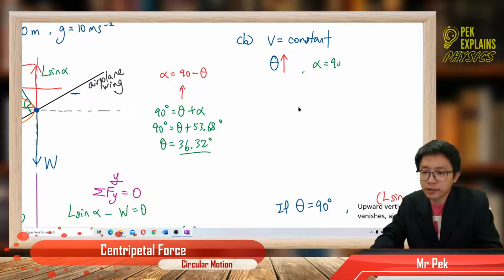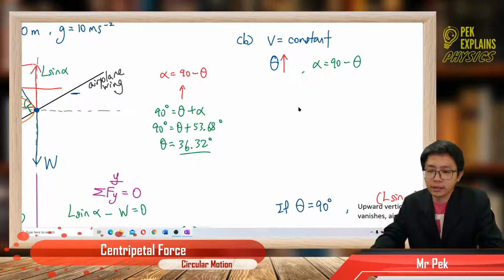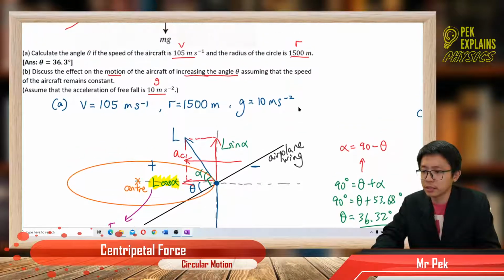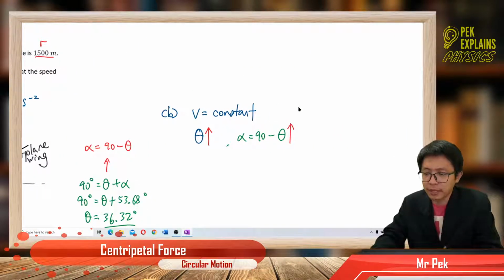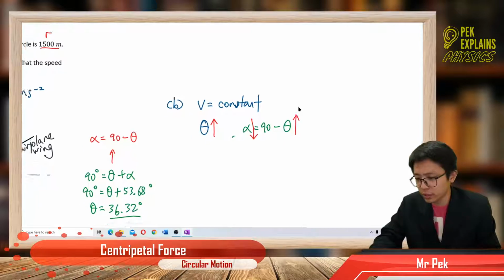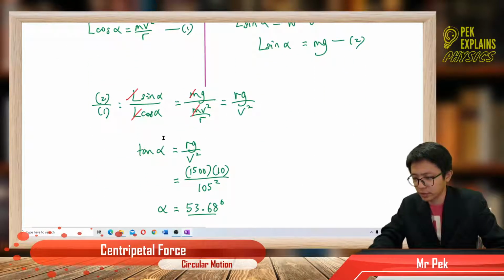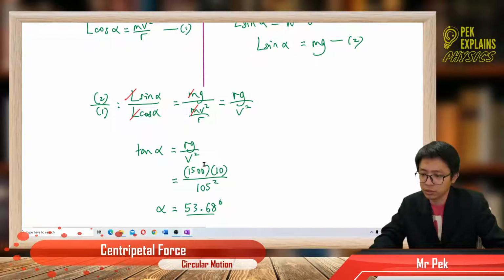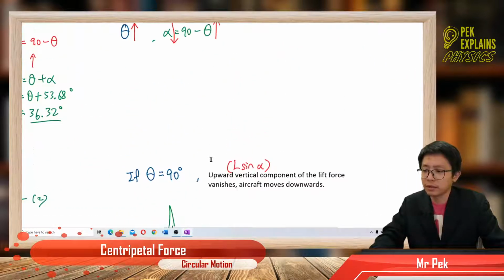Alpha is actually 90 minus theta. Okay, so when the theta goes up, you say increasing the theta, isn't it? So when theta goes up, with the minus, alpha goes down. So which equation has the alpha? We have this one: tangent alpha equals Rg over V squared.